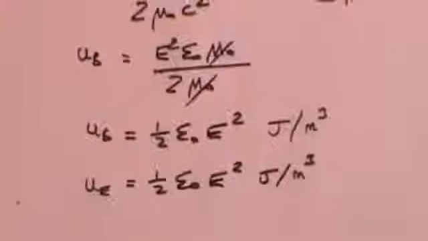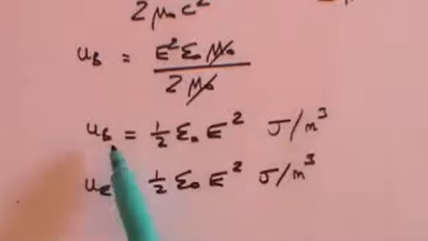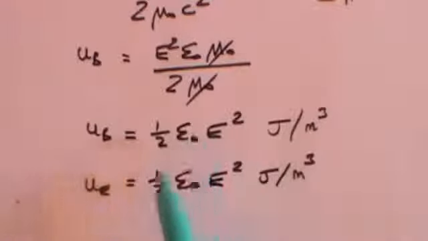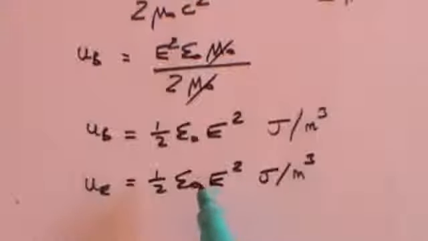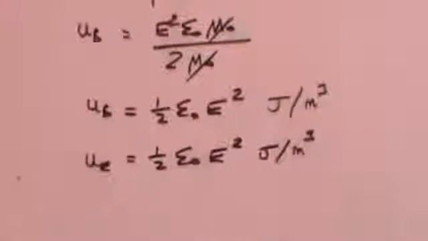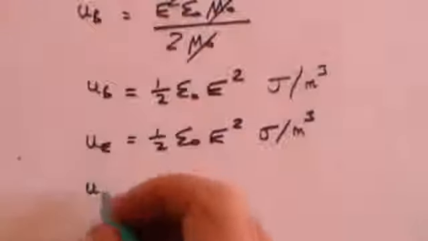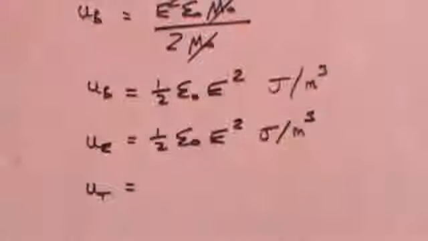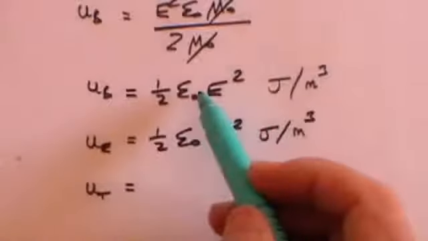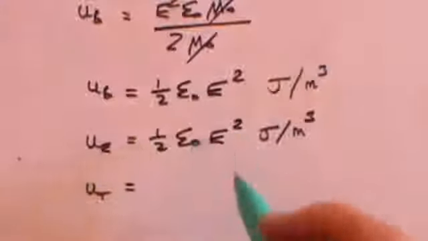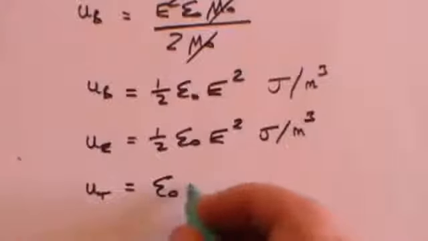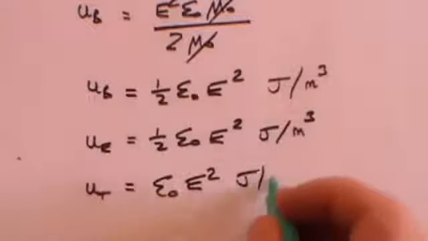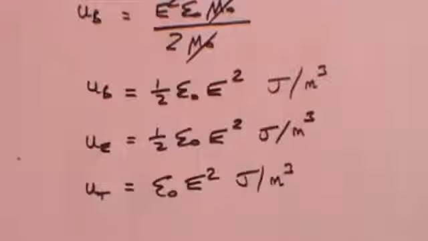So what we just established is that in an electromagnetic wave, or in electromagnetic radiation, the energy per unit volume in the magnetic field is exactly the same as the energy per unit volume in the electric field. So the total energy in the electromagnetic radiation, which we'll call UT, total energy per unit volume, is the magnetic plus the electric, which of course is just epsilon naught E squared joules per metre cubed.